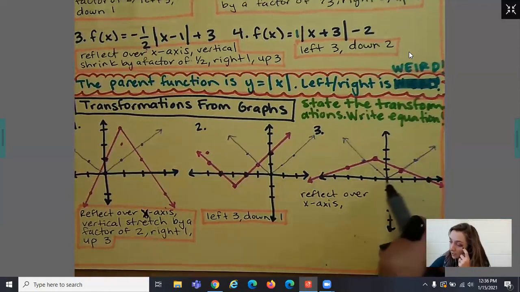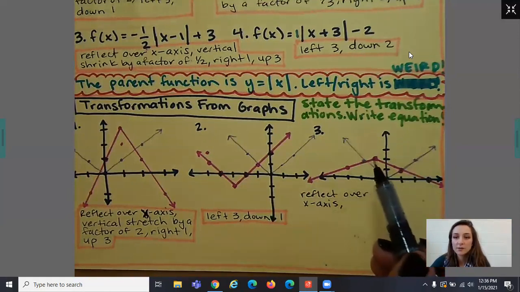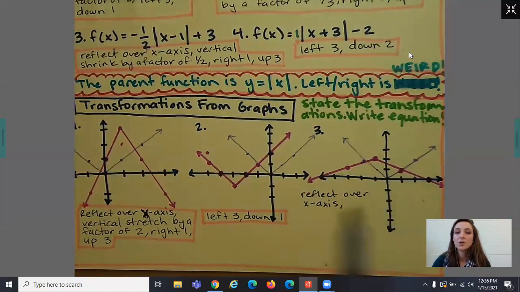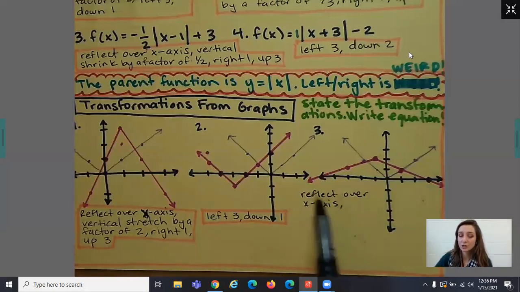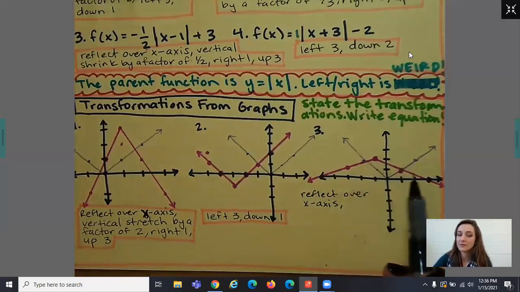The next thing we want to check is, did the slope change? The parent was going up 1, right 1, up 1, right 1. Let's look at our slope here. It's going down 1, right 2, down 1, right 2. The down is already captured in the reflecting over the x-axis, so you don't have to worry about that. But it's going 1 and then right 2, so this is going to be 1 over 2.